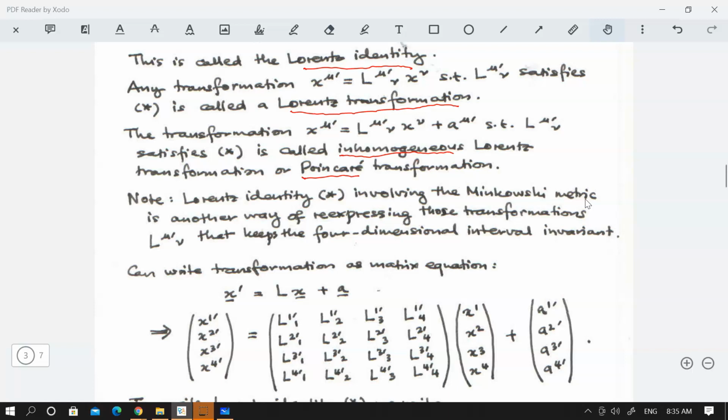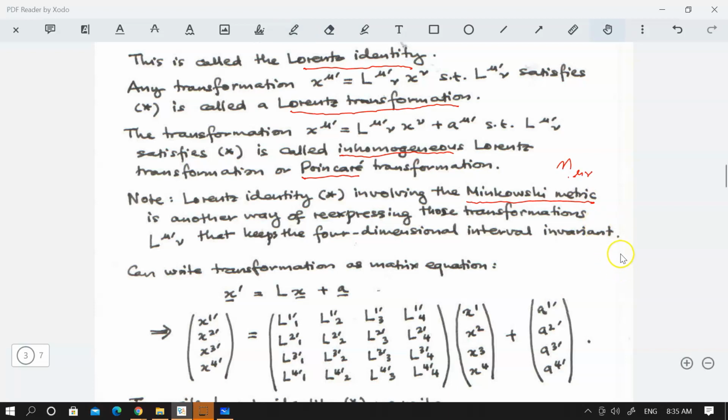That will now be replaced by a different fact: your Lorentz transformation will preserve what we call the Minkowski metric, which is the thing that we had used earlier.